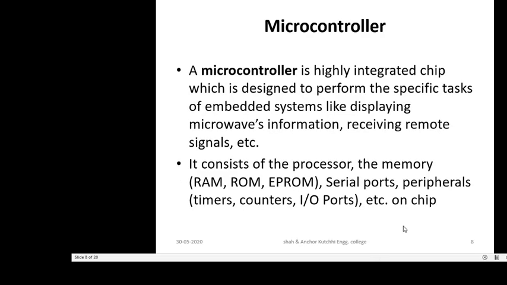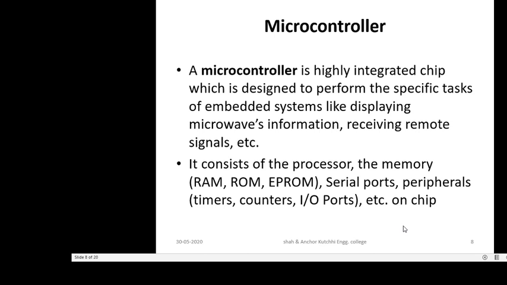Now we know what a microprocessor is. When we go to the microcontroller, it is again a highly integrated chip designed to perform specific tasks. That's why most embedded systems use a microcontroller to control specific things. It has its own processor and on-chip memory, which includes RAM, ROM and EEPROM.